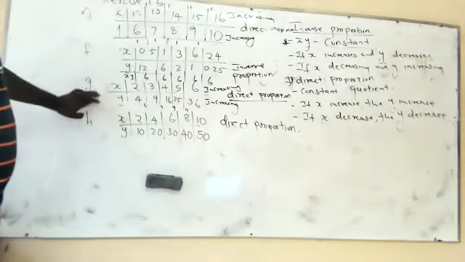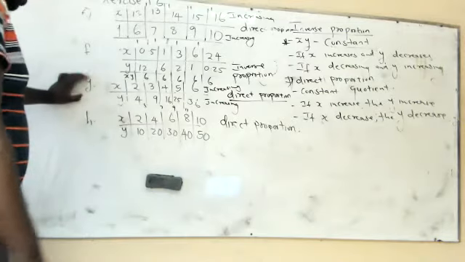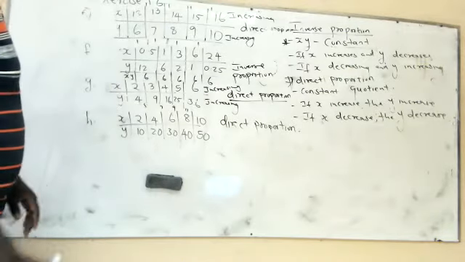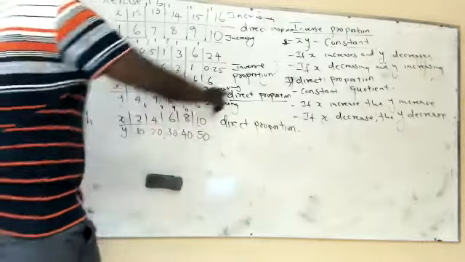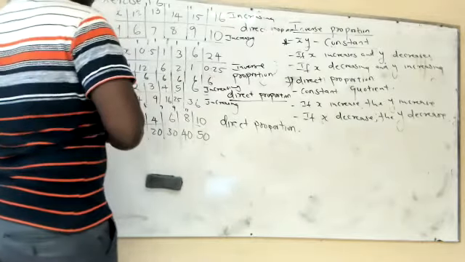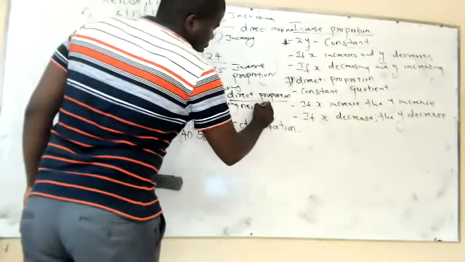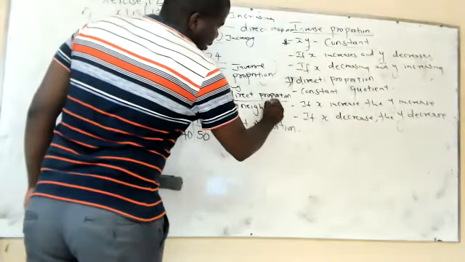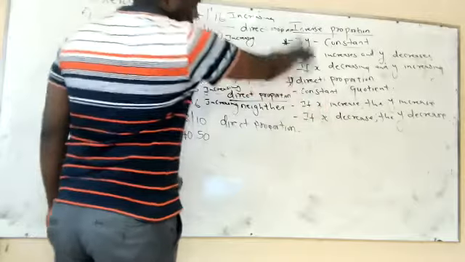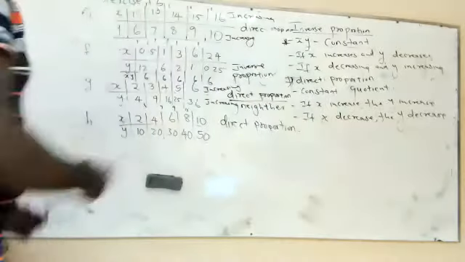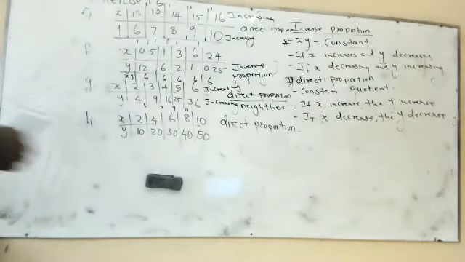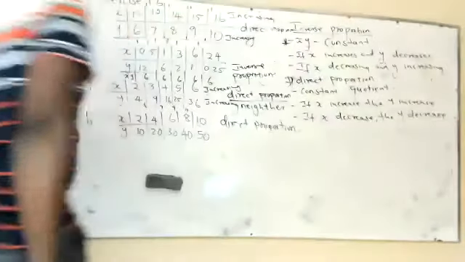Okay, let me emphasize again on question number G because this was the complicated one. It qualifies to be the direct proportion, but again, they may also give you a mark if you write neither, because it does not really satisfy all the conditions for the direct and the condition for the inverse.